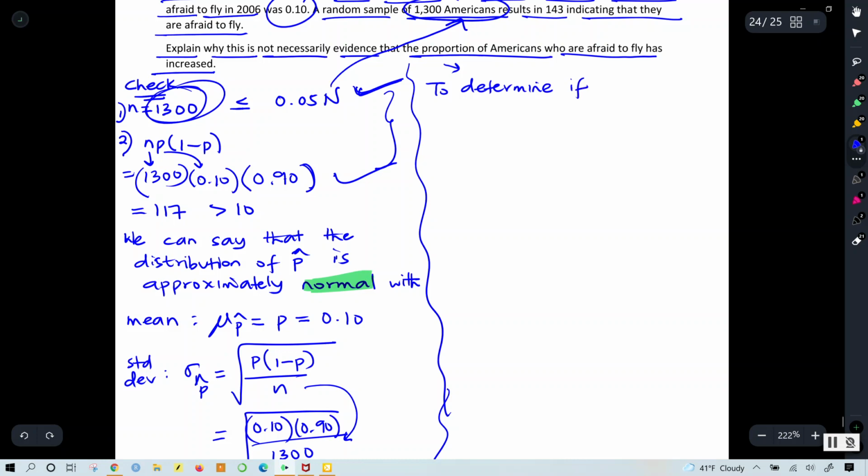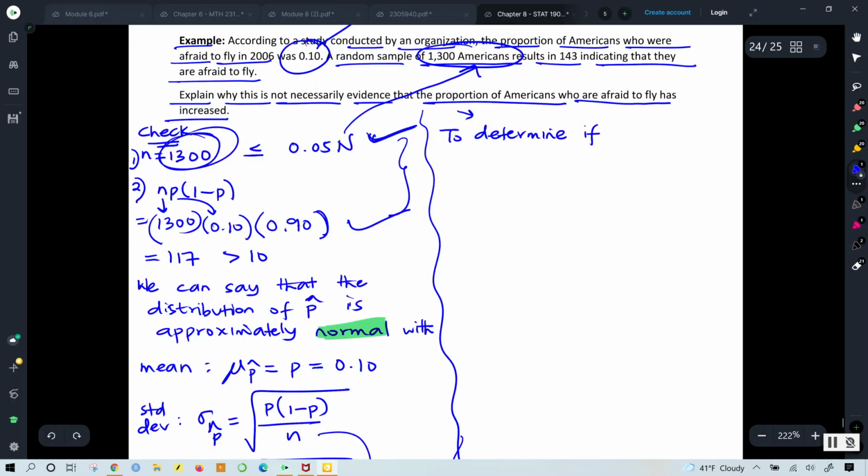Since we are using the normal distribution, to answer this question, we need to determine if this observation of 143 in 1,300 is unusual. That is, we need to determine if the probability of P hat equal to 143 out of 1,300.